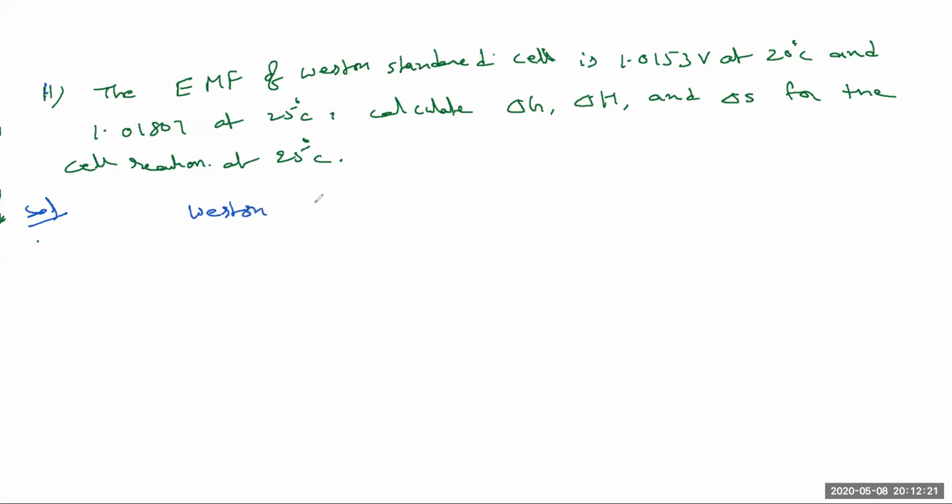The Weston cell reaction is cadmium Cd solid plus mercuric sulfate Hg2SO4 plus 2 mercury.